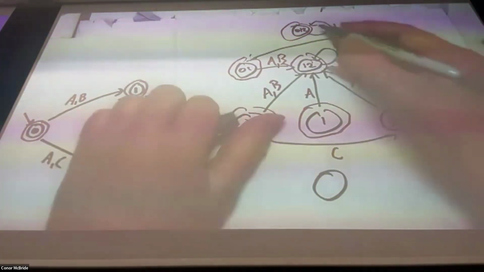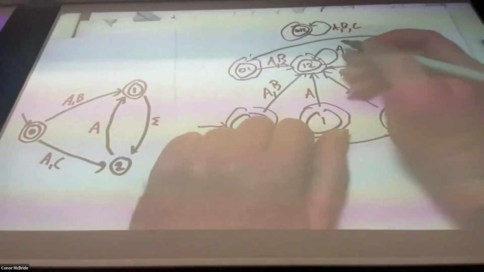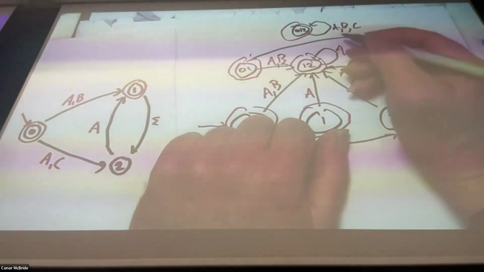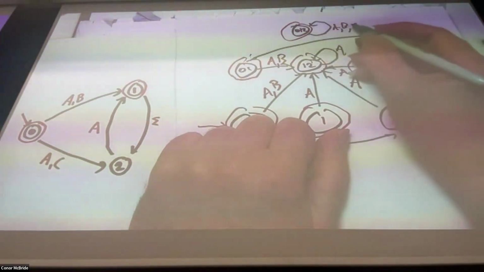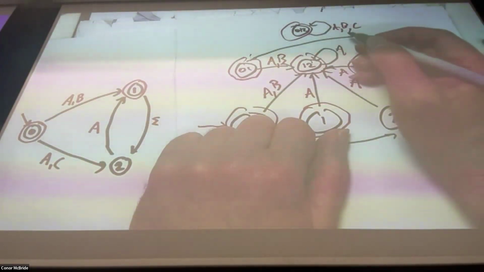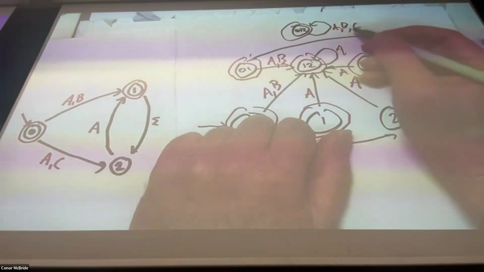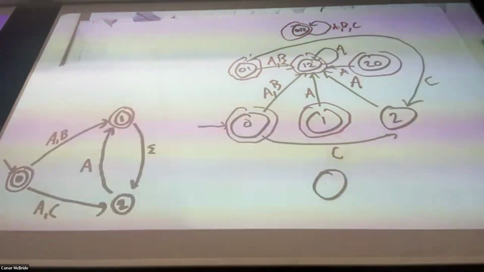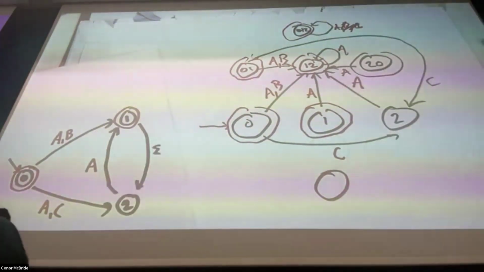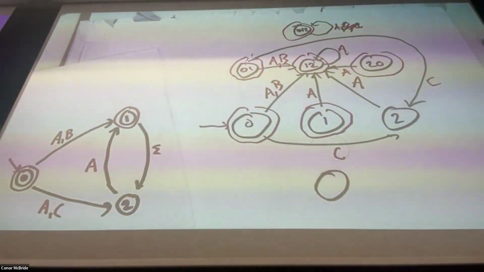Is this right? This is not right. If we're in 0, 1, or 2, and we get an A, we're still all over the place. We can get to anything. So that's right, that's an A. But no matter where we start from, if we get a B, we're going to 1 or 2.